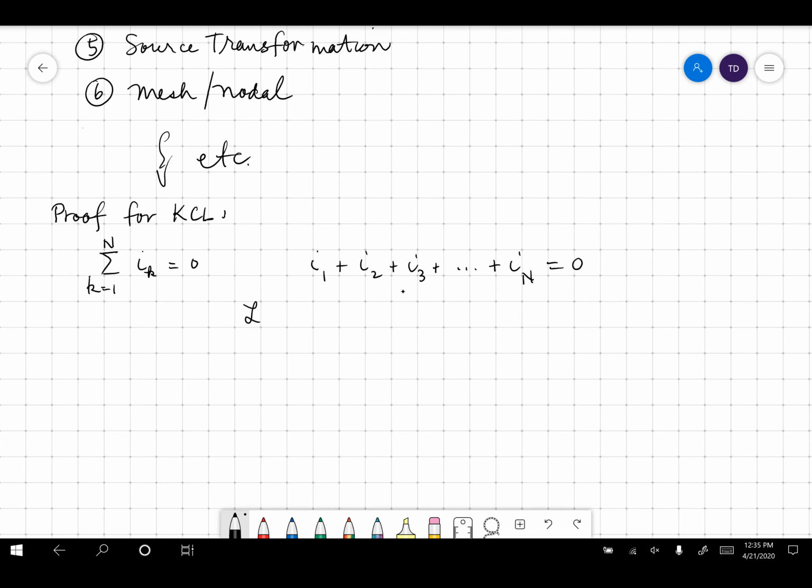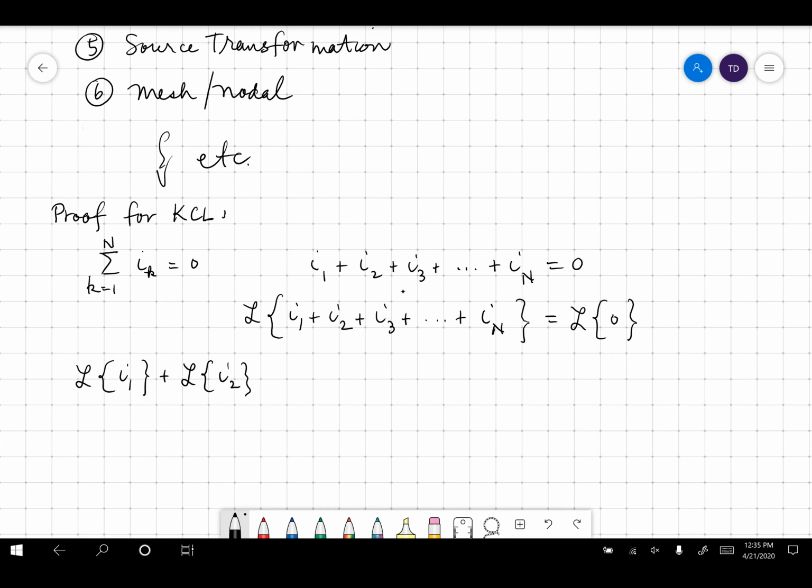Okay, well, let's Laplace both sides. We know that this first term can be broken up as the sum of Laplace transforms. And I know everybody knows that the Laplace transform of 0 is 0.